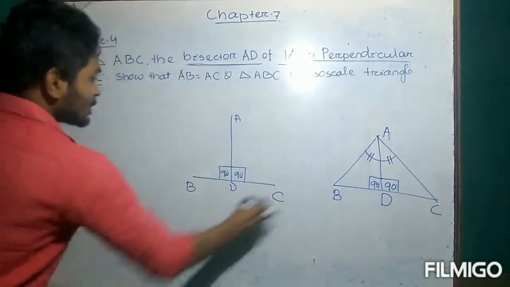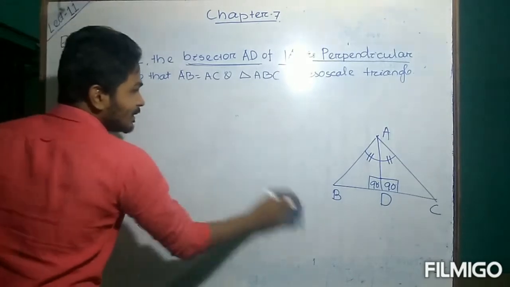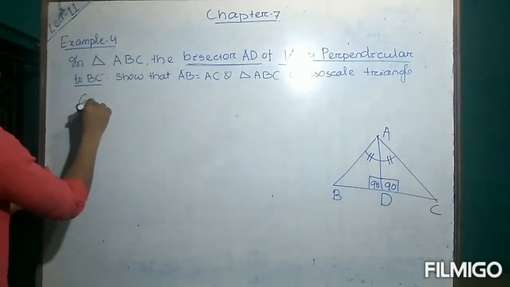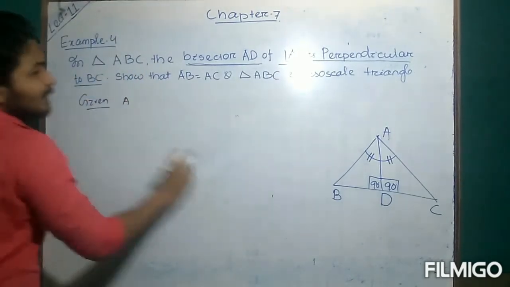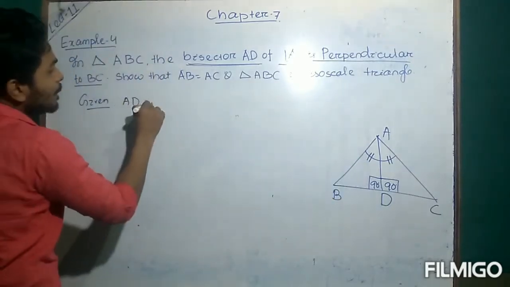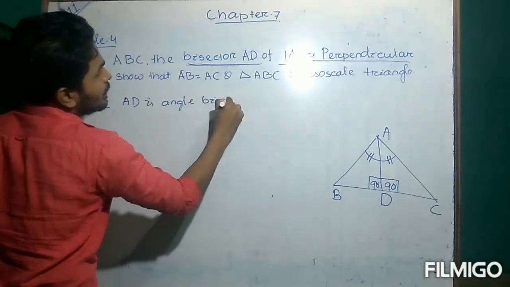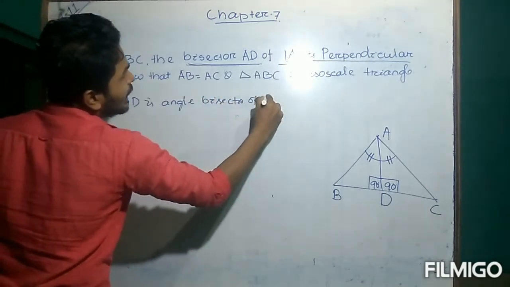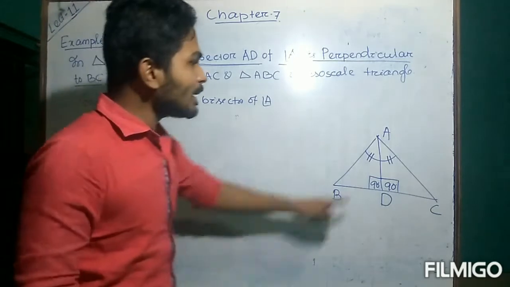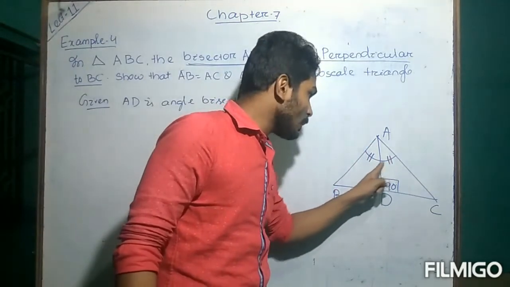It is clear now. So let us first write what is given. First of all, it is given that AD is the angle bisector of angle A. If AD is the angle bisector of angle A, then this angle is equal to this angle.